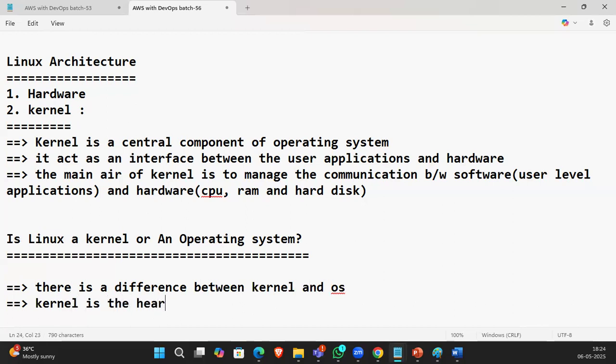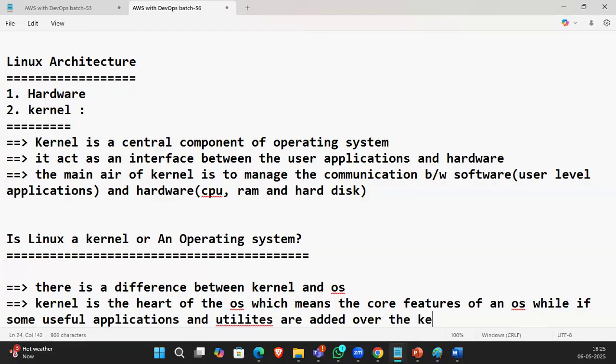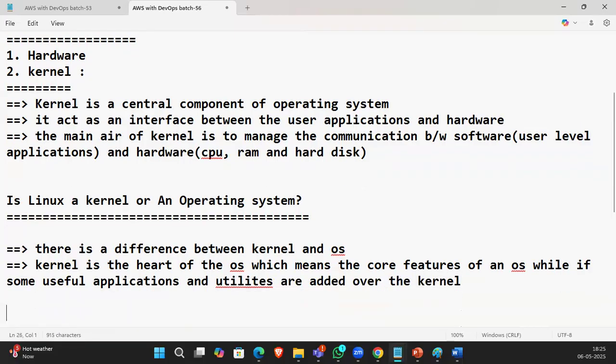Kernel is the heart of the OS, which means the core features of an OS, while if some useful applications and utilities are added over the kernel, guys, understood?